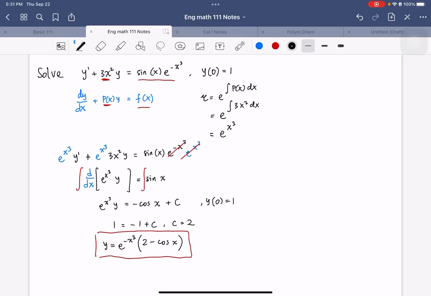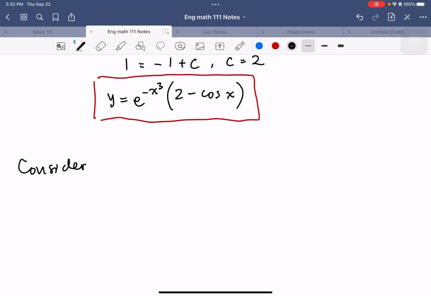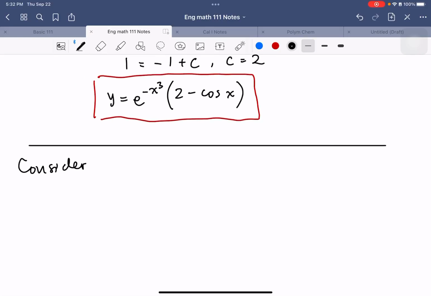Now to review, let's just consider this differential equation, and we have an initial value y(0) = 4.